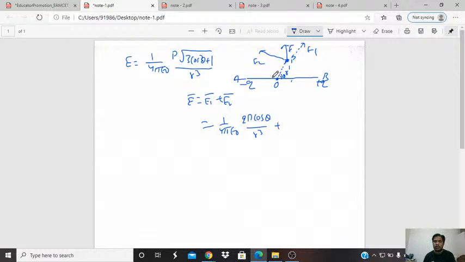And E2 is equatorial, perpendicular, like a second dipole: 1 by 4 pi epsilon naught, p by r cube, with sin theta.